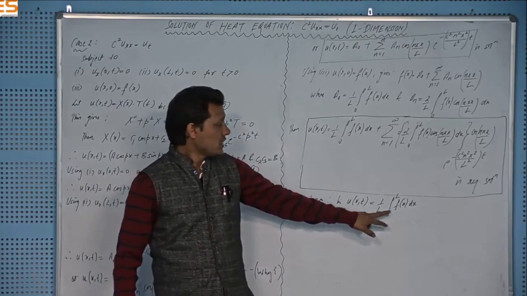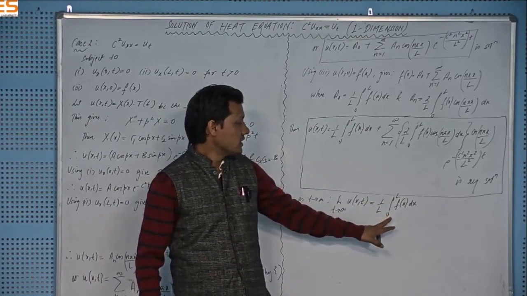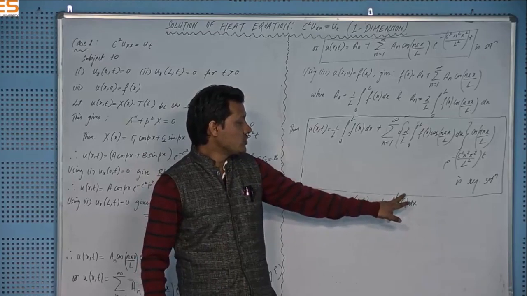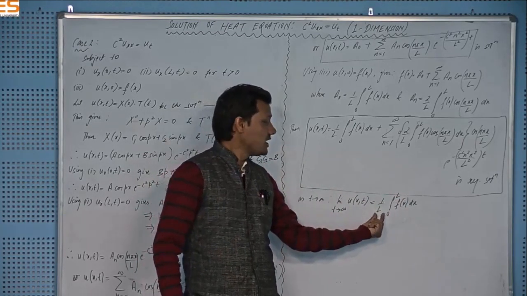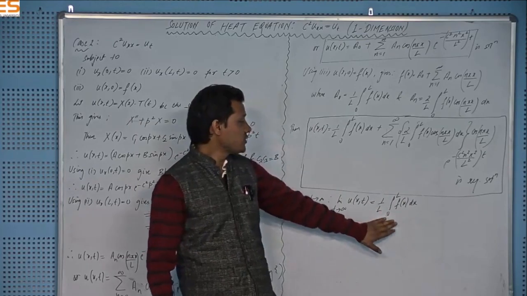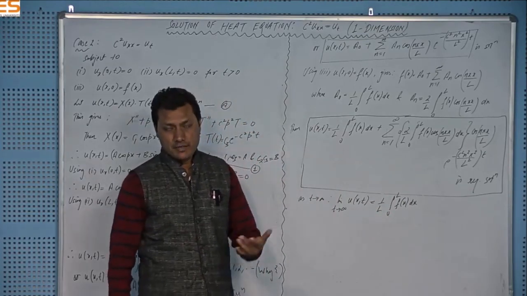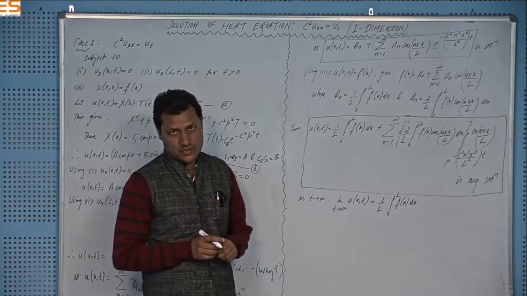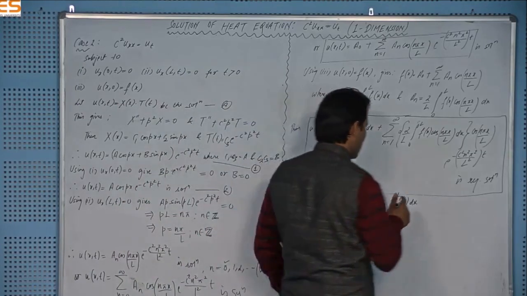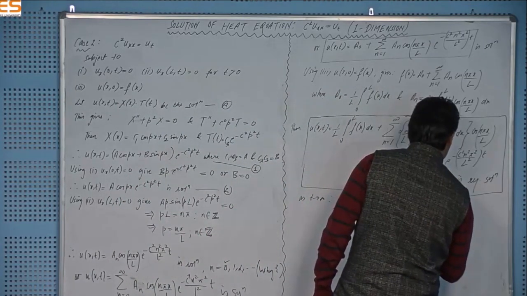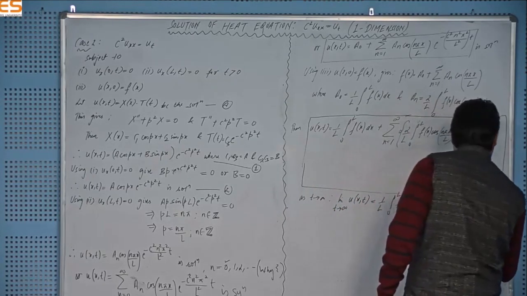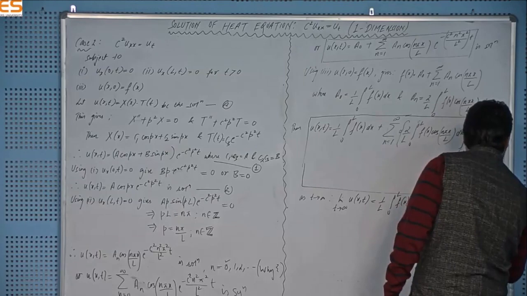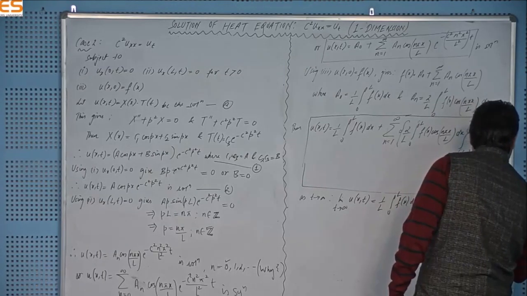You can see f(x) dx integrated over the interval 0 to L and divided by the length of the interval, L minus 0. So this is actually the mean value of the initial temperature, equal to the mean value of f(x) over the interval 0 to L.